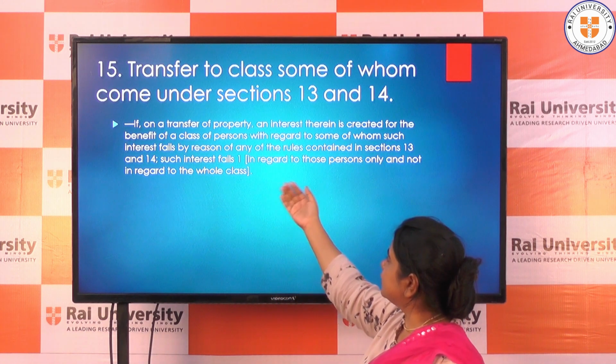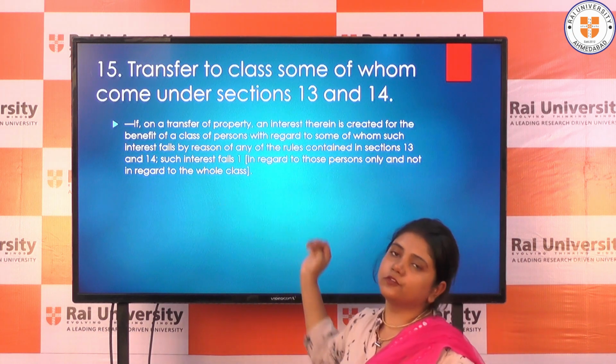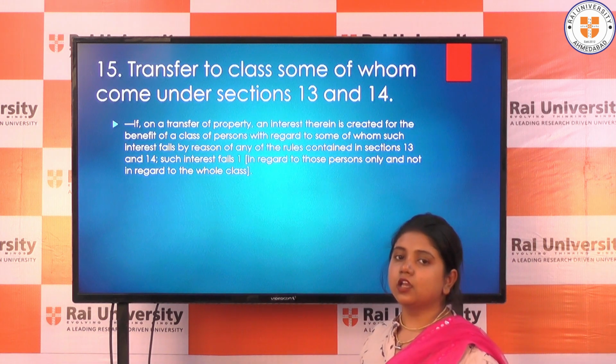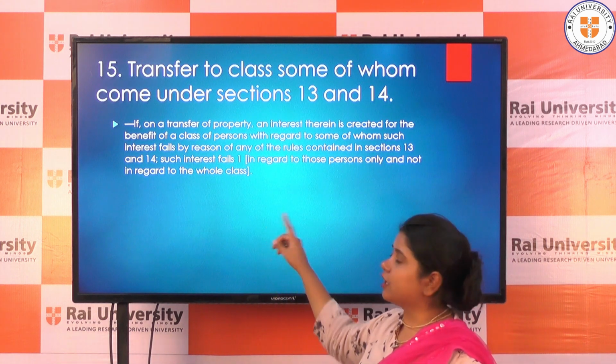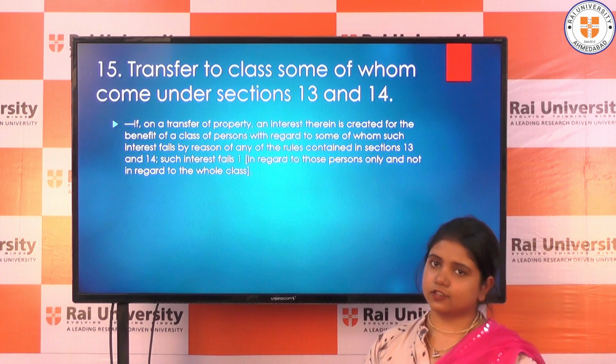Such interest fails in regard to those persons only and not in regard to the whole class. So with regard to Y the interest will fail, but with regard to X the transfer will be absolute. It did not fail at all. This is what this section is dealing with.